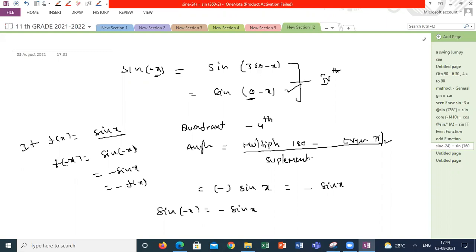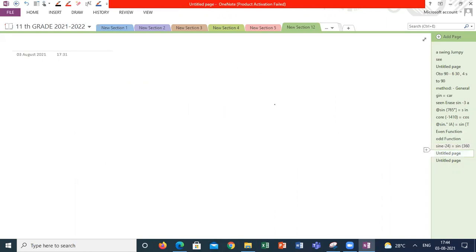Yes, sir. Can you prove why the cos function is an even function? I am saying prove that cos x is an even function. Anyone? Guys, please, can anyone prove that the cos function is an even function?